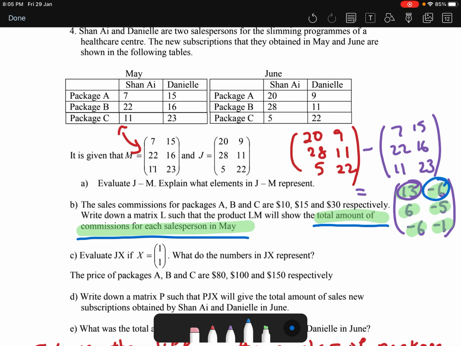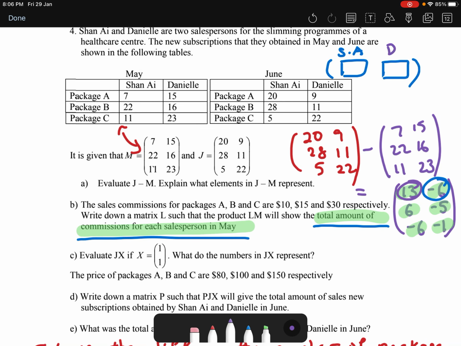So what I should get is this matrix, a 1 by 2 matrix. This is the amount Shan Ai earned, and this is the amount Danielle earned. Since I get a 1 by 2 matrix, and we know that M is a 3 by 2 matrix, my resulting matrix must be 1 by 2.